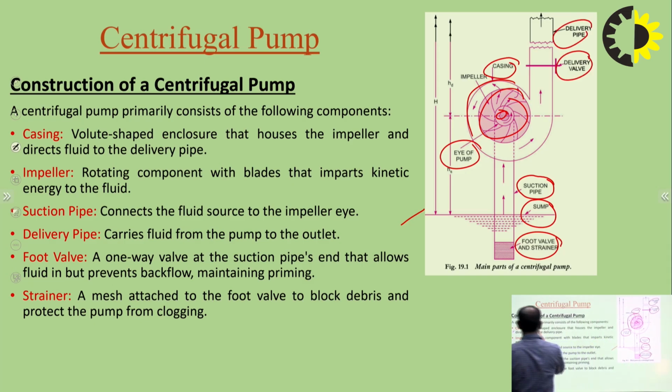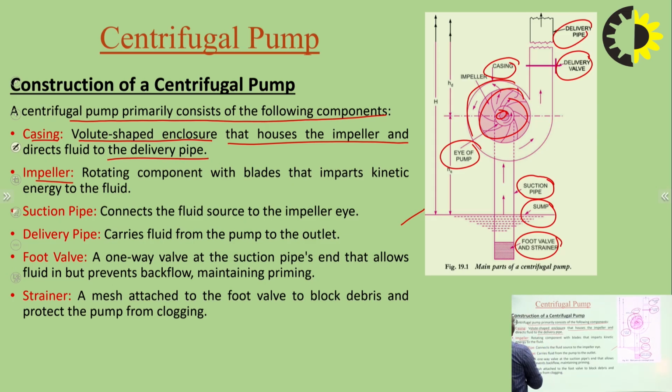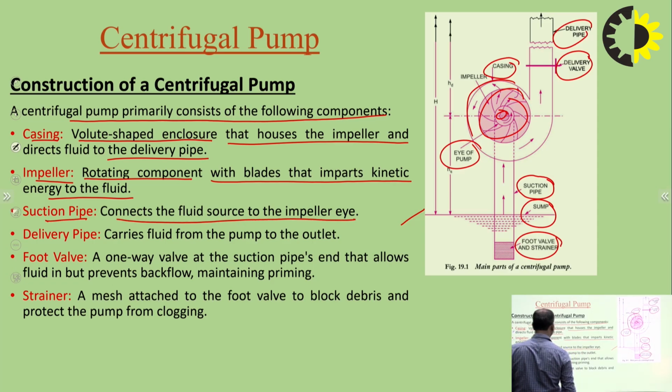So basically a centrifugal pump primarily consists of the following components: casing, a volute shaped enclosure that houses the impeller and directs fluid to the delivery pipe. Then impeller, a rotating component with blades that imparts kinetic energy to the fluid. Then suction pipe connects the fluid source to the impeller eye.